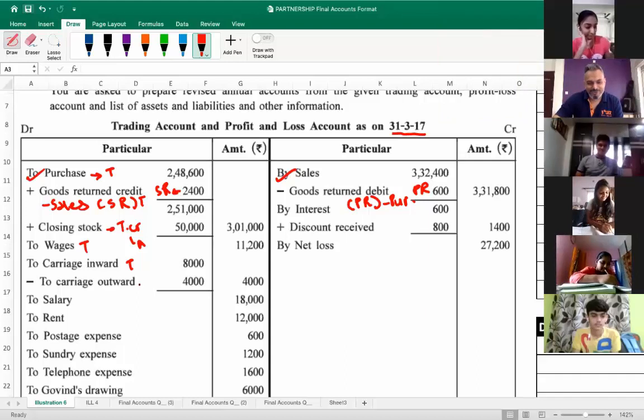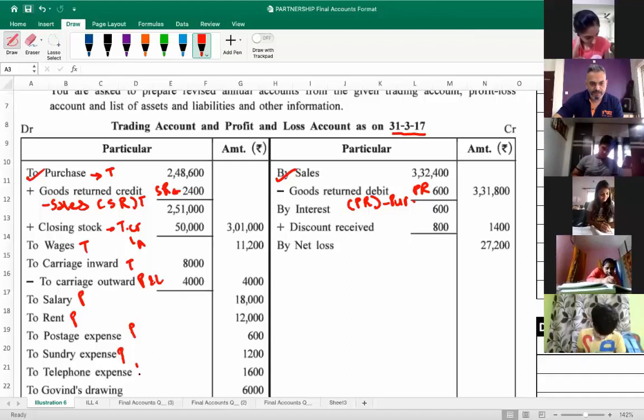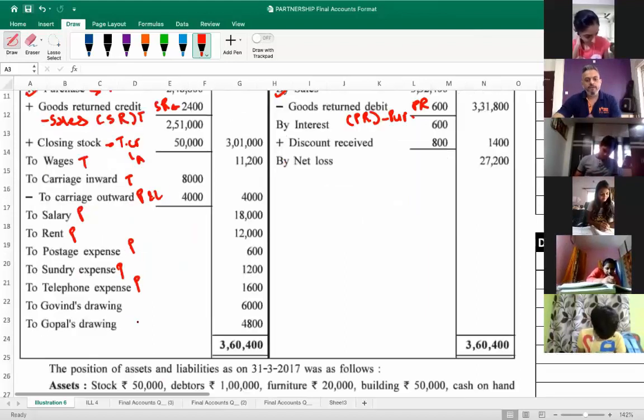Now carriage outward is going to profit and loss. Salary, profit and loss, rent, postage, sundry expense, telephone expense, Govind's drawing and Gopal's drawing. All these will go to the capital account.